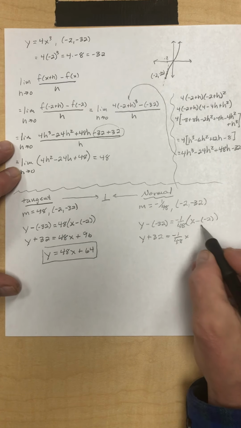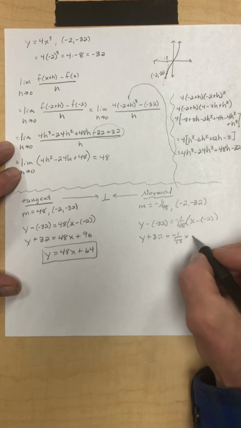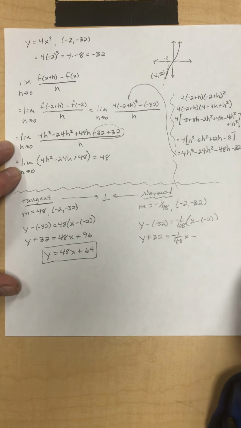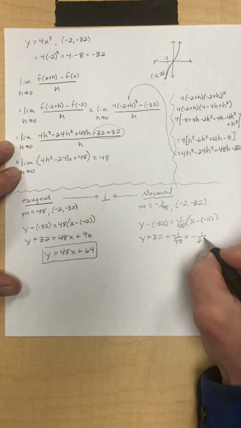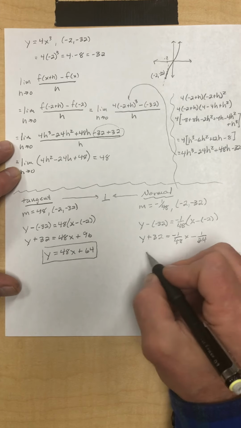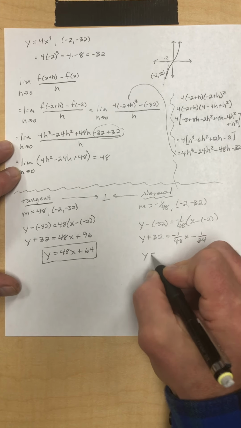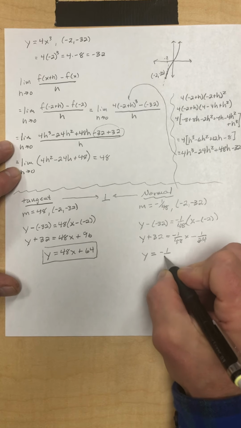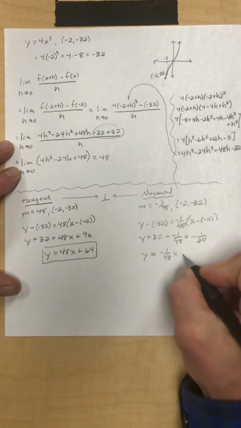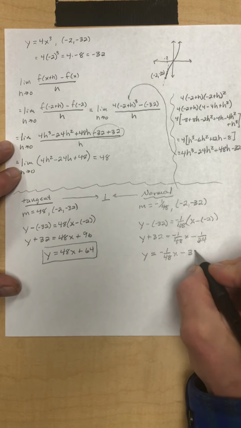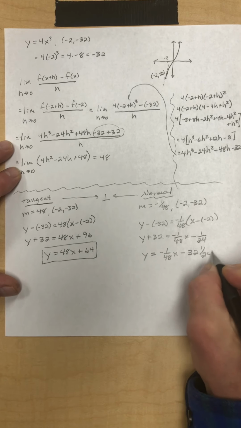This would be plus, and then I multiply by a negative, so it's going to be minus 1/24. So subtract 32 from both sides, so y equals -1 over 48x minus 32 and 1/24.